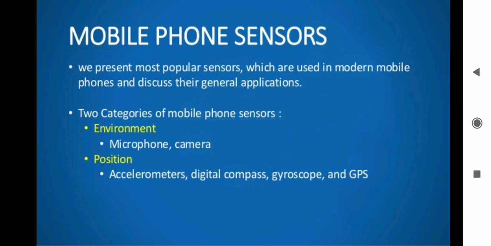Let us discuss the common mobile phone sensors in every mobile, that is the ambient light sensor. The function of this ambient light sensor is to automatically adjust the screen brightness of your phone according to the amount of ambient light, making it more comfortable to look at the screen.